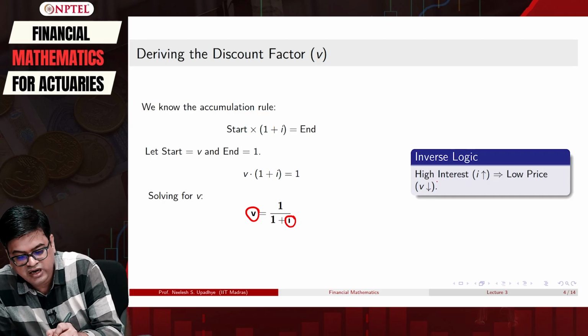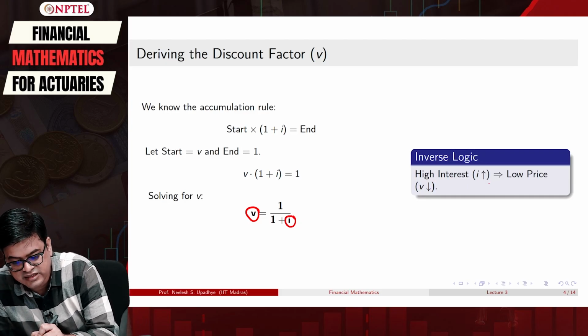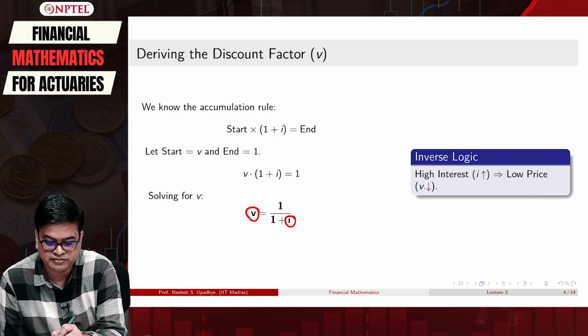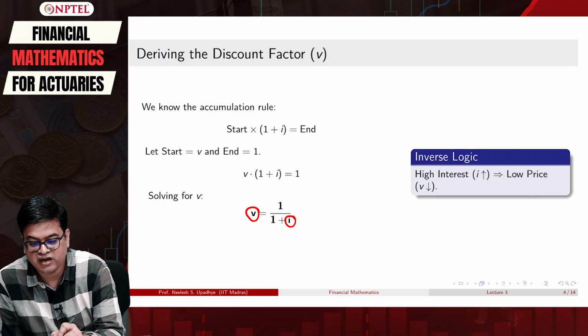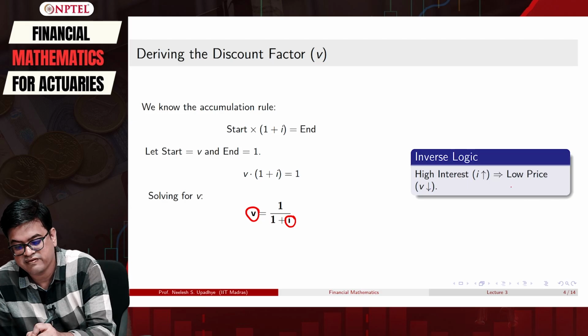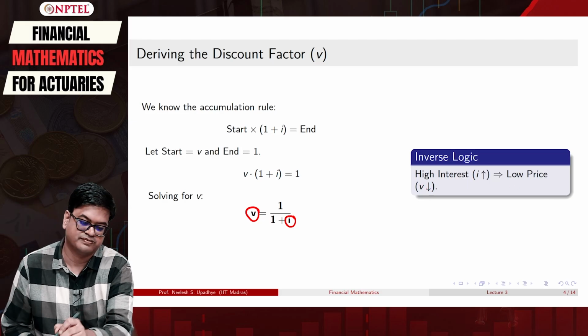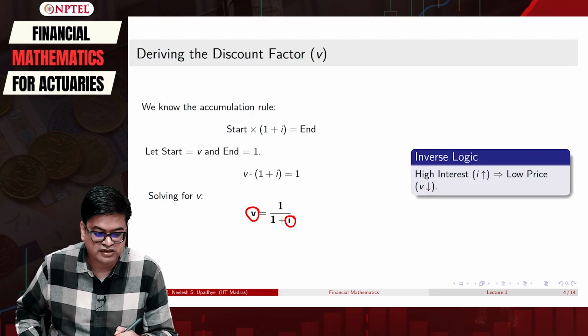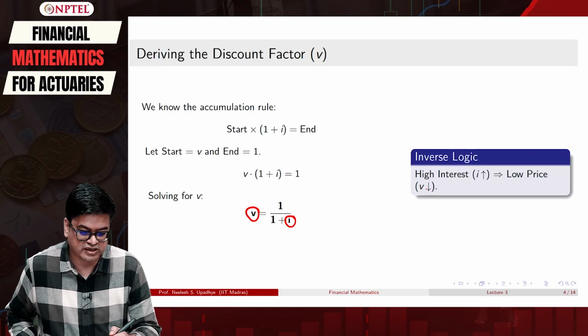If I have higher interest rate, I will get the lower present value. Okay. If I have lower interest rate, I will get higher present value. Okay. So this is an important understanding when you are trying to calculate that factor.